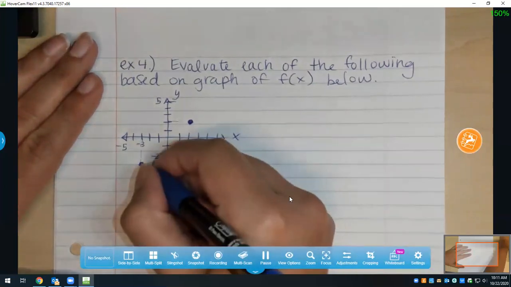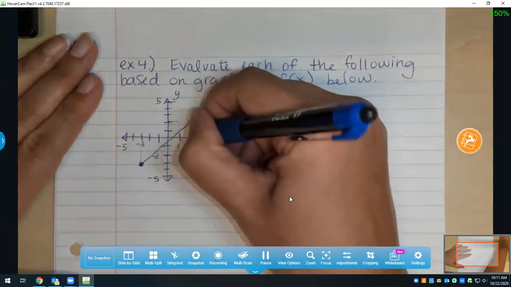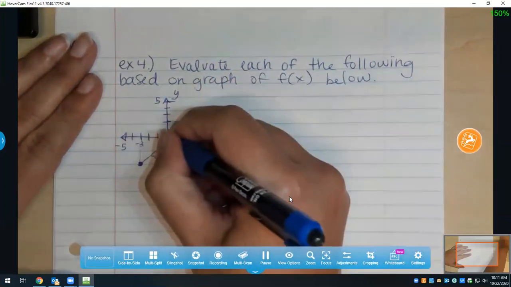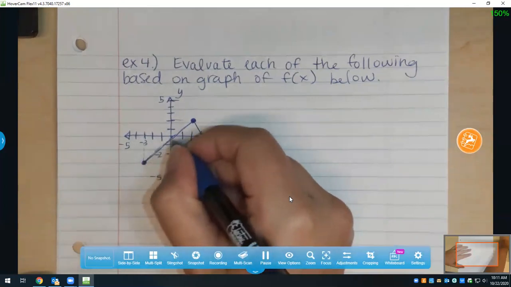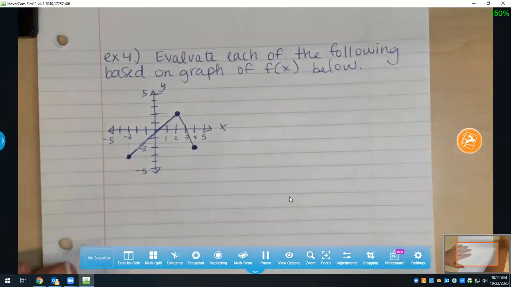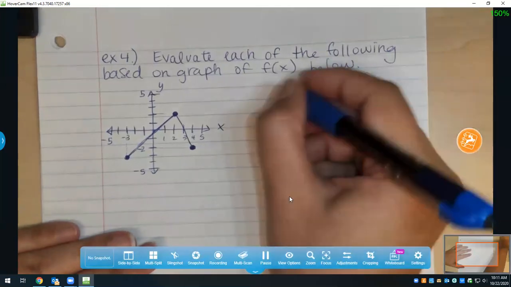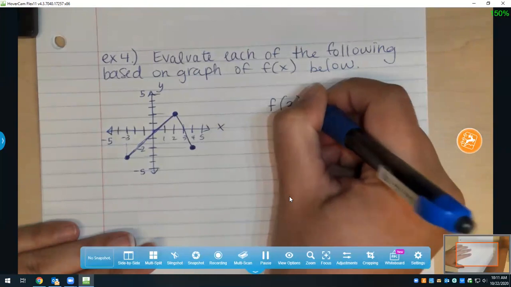All right, now connect them like this. It's going to look kind of like an upside down V. All right, it doesn't have to be perfect. You're going to be asked on the STAR test for things like this.